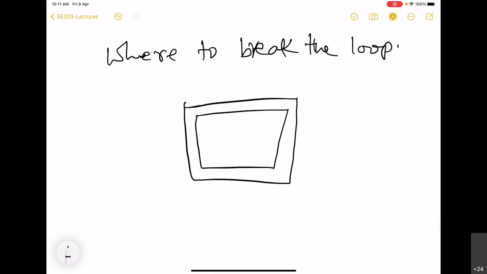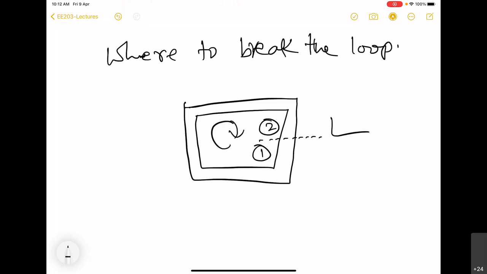Suppose this is the model of a feedback loop. If we decide to break the loop here, suppose this side becomes node 1 where we are going to connect the test source, and this will become node 2, and the signal here is, say, traveling in the clockwise direction.